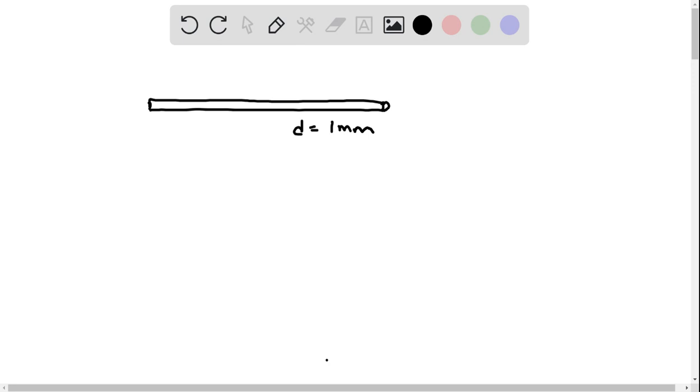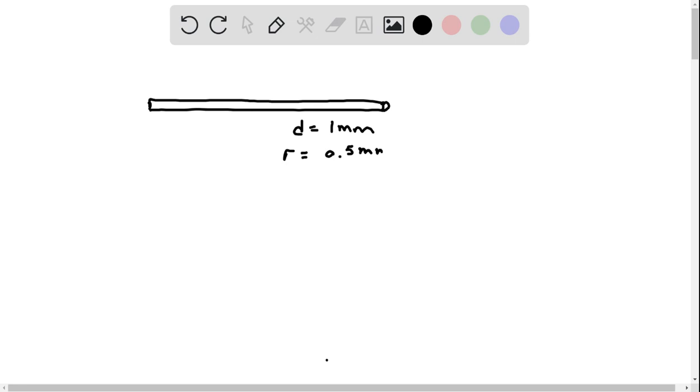Okay. So here, we have the diameter, and you know the drill: when we have the diameter, we always find the radius. It's just good to find it, even if you don't need it.